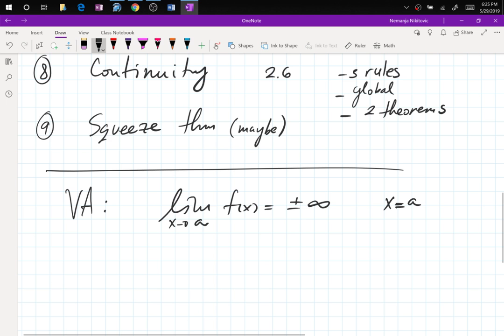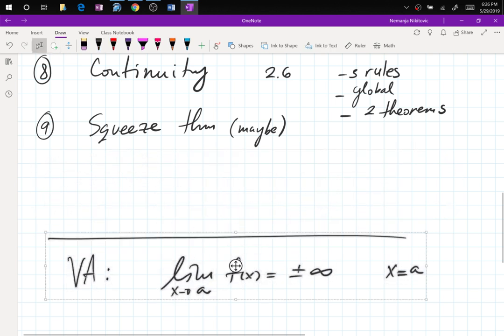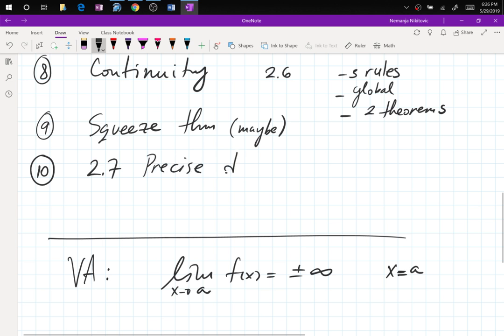So some of the questions are theoretical, some of the questions are calculations. The only thing that we are not going to have to a large extent is number 10, 2.7, the precise definition of the limit.